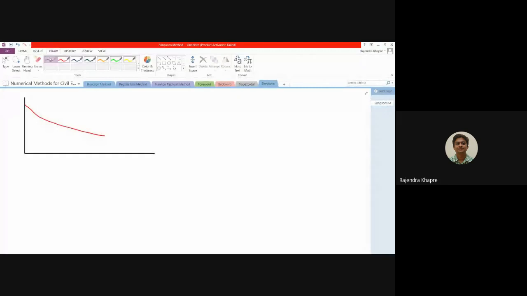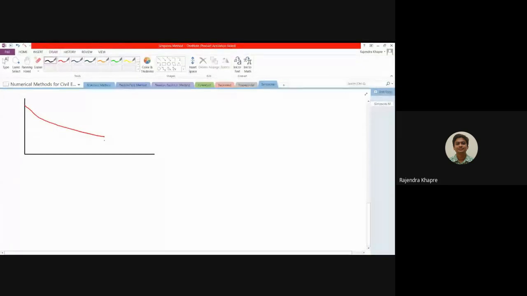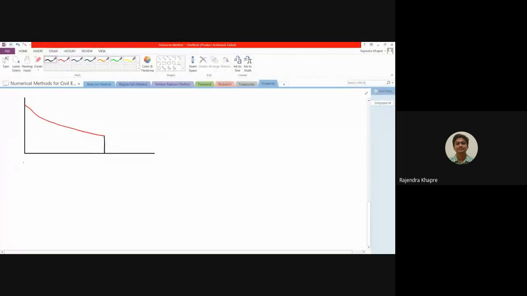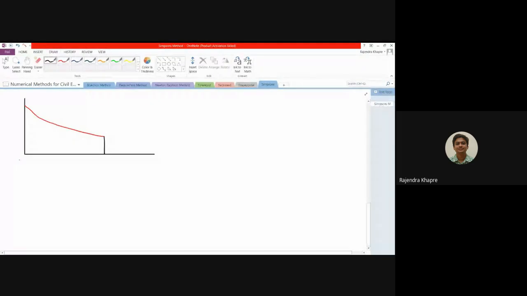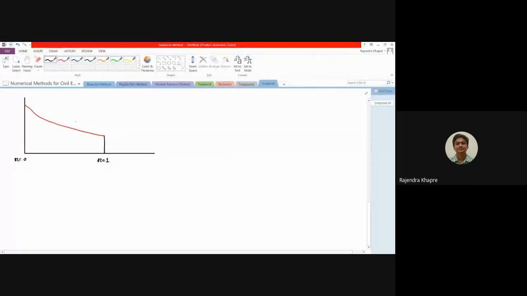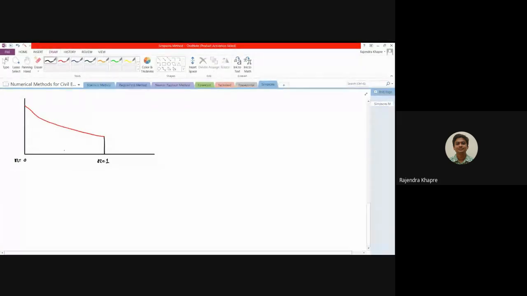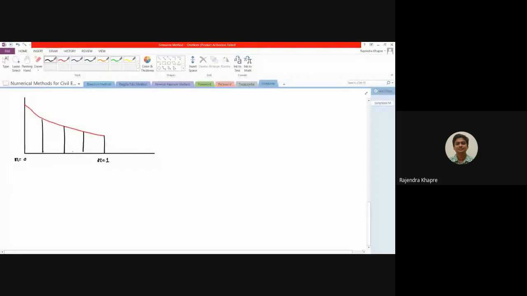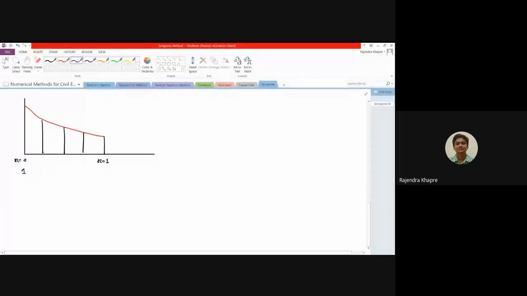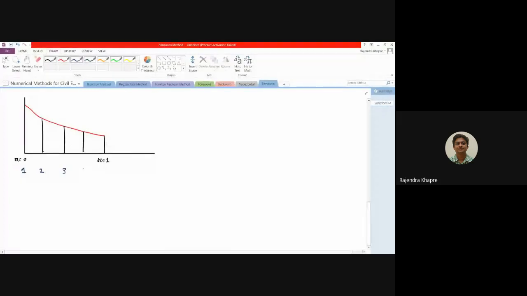I'm slightly drawing a bigger picture over here. So now you have this as x equals 0, here x equals 1, and I'm dividing this now into, let us say, four parts. Just four parts. So now you have this as point number 1, point number 2, point number 3, point number 4, and point number 5.